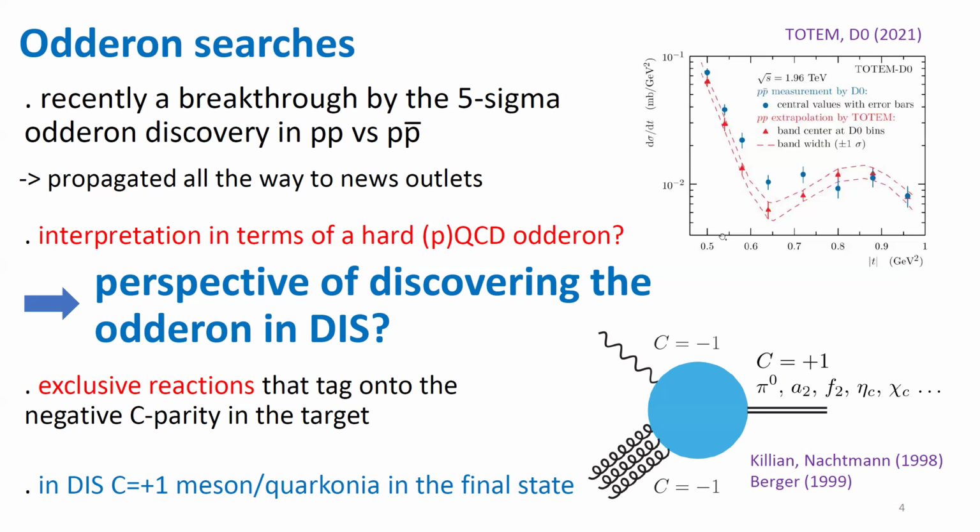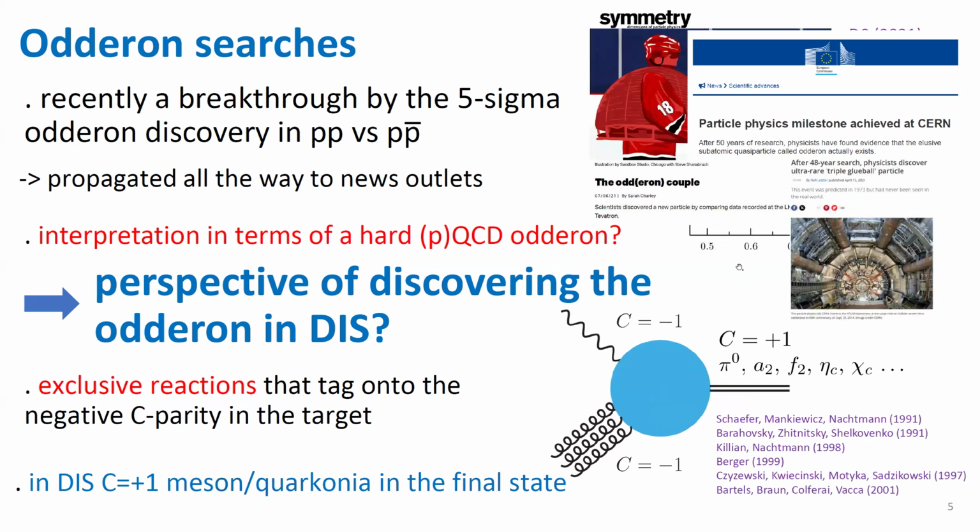You can get a hint of what they are doing by looking at this. This is one of their money plots. They are looking at the elastic cross-section as a function of the momentum transfer for pp in red and p-pbar in blue, and in this dip-bump region, there is a difference between these two cross-sections. This was a big news, and several media outlets covered this story.